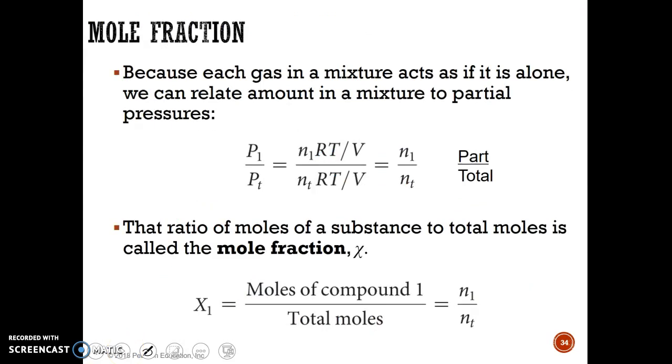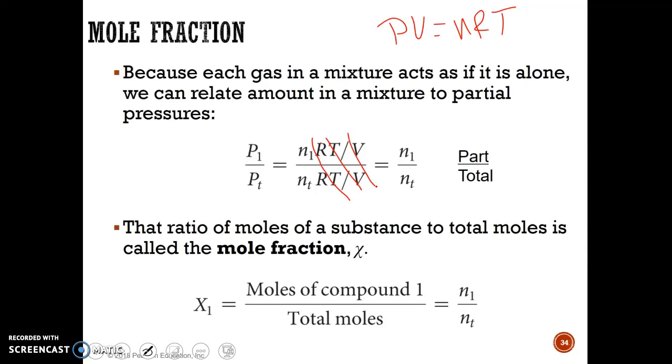What's lovely about this ideal scenario is we can relate the ratio of the pressure to the moles. This is because if you rearrange the ideal gas law for pressure, we get nRT over V. Assuming that the volume and temperature are the same, and R is, of course, a constant, all of these cancel out.